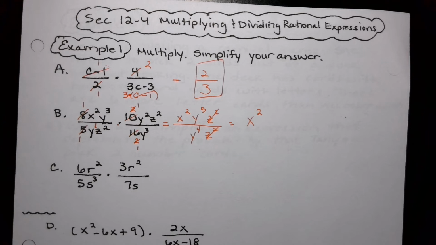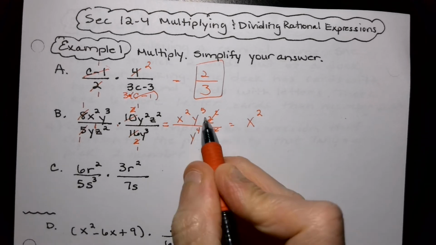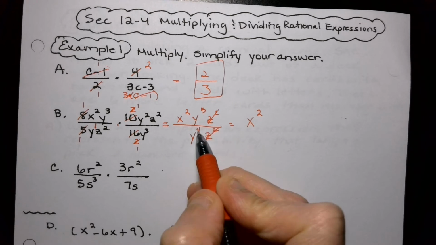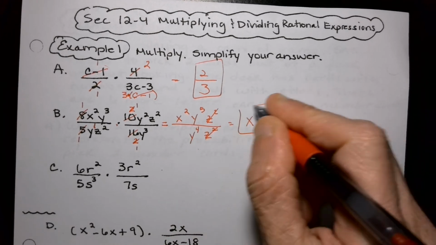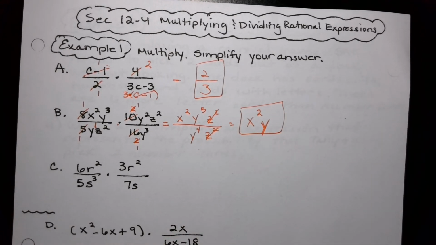Now what about the y's? That's right, we got one more y on top, don't we? 5 minus 4 is 1, so there, y to the 1 or just y. If I were you, I'd pause the video and give C a try. I'm just going to keep moving on here.